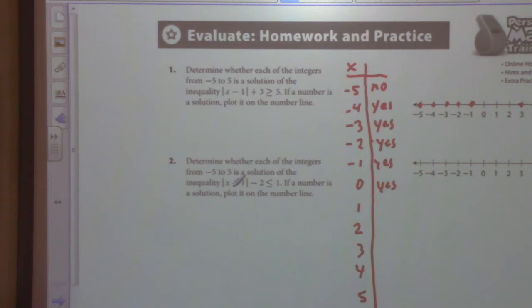I'll try 1: 1 plus 1 is 2, and 2 minus 2 is still less than. Then for 2, 3 minus 2 is still equal to, but if we take 3, we get 4 minus 2, which is greater than, so no, no, no. Is this what you got? So -4 all the way up to 2.